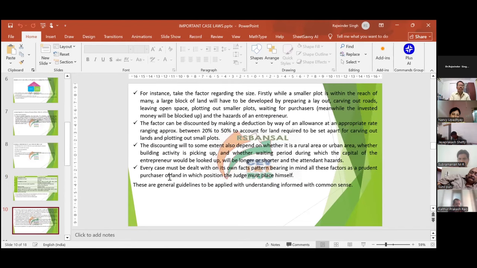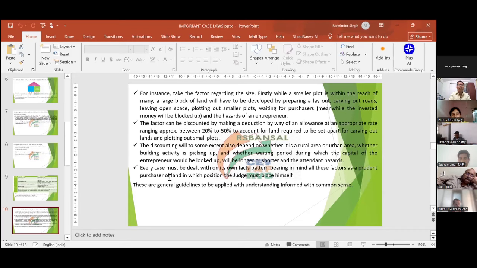For instance, take the factor regarding the size. While a smaller plot is within the reach of many, a large block of land will have to be developed by preparing a layout. That means you have to calculate the value of a large chunk of land on the basis of development potential, which we have already done.